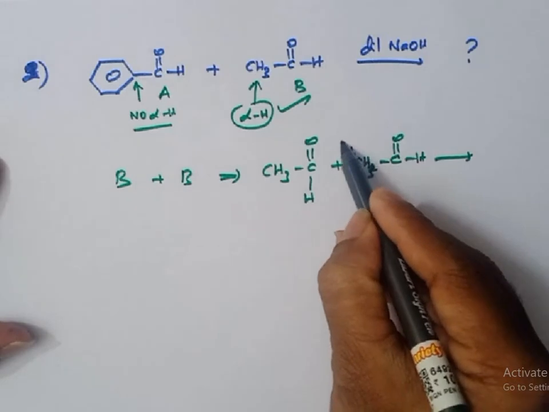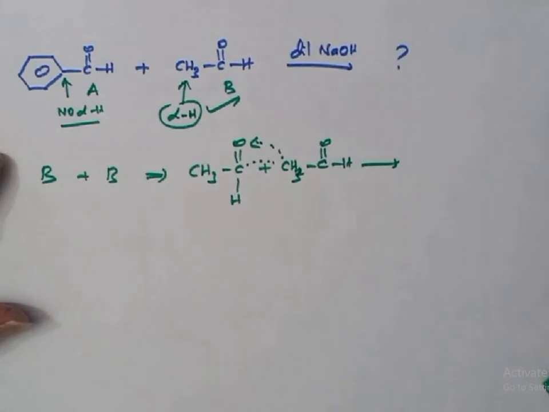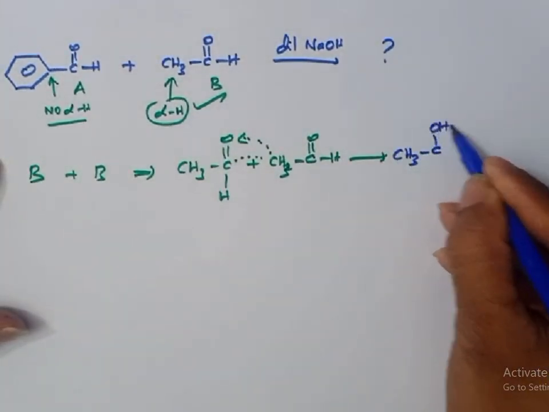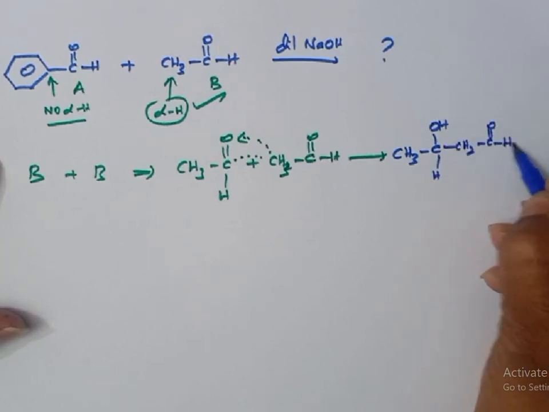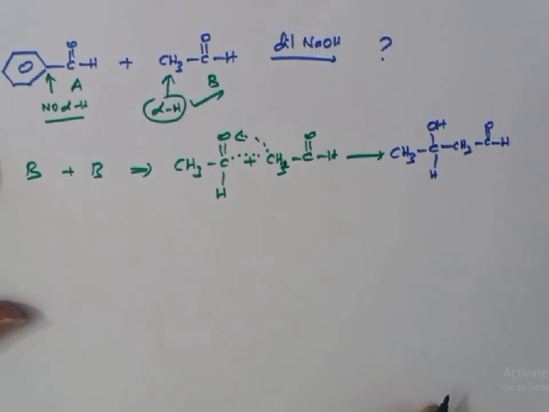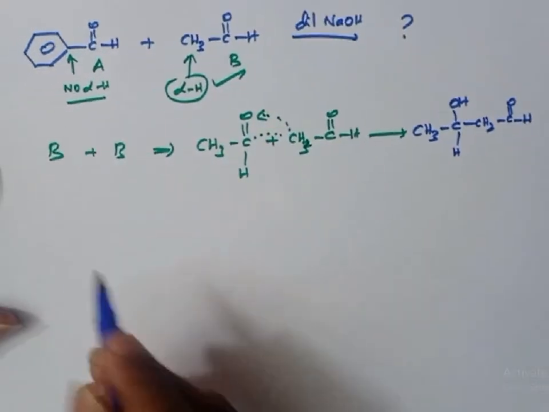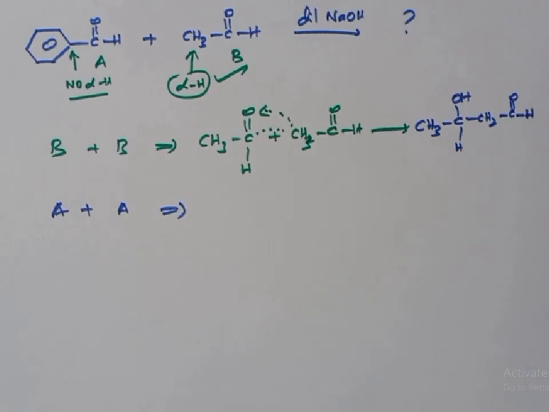Transfer one hydrogen to here, the double bond becomes a single bond, and connect these two carbons. So the product we get is CH3, C single bond OH, H, CH2, C double bond OH. This is the product we get, B with B, because B can undergo the aldol reaction individually. Can A undergo this aldol reaction individually, students? Try to answer this.